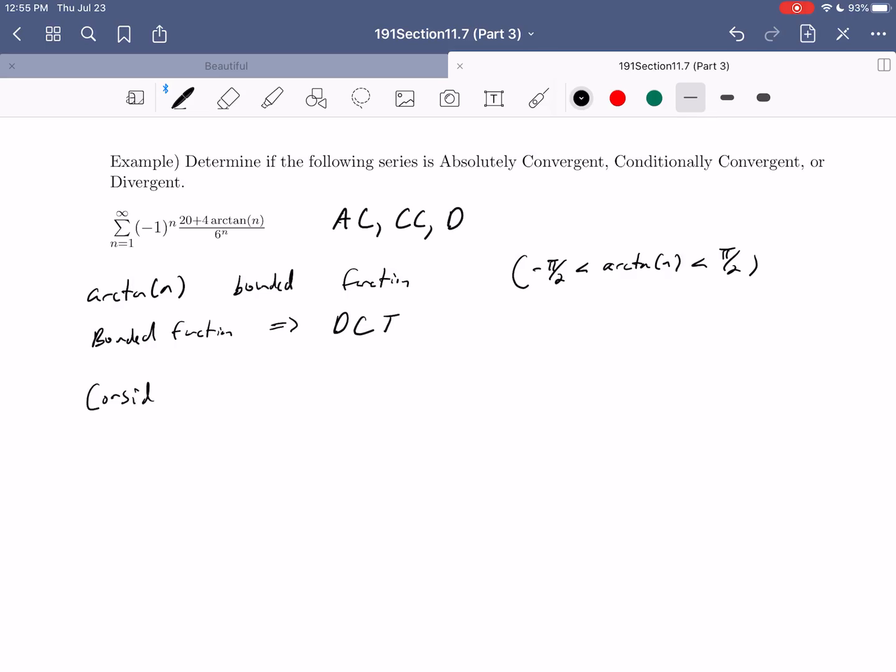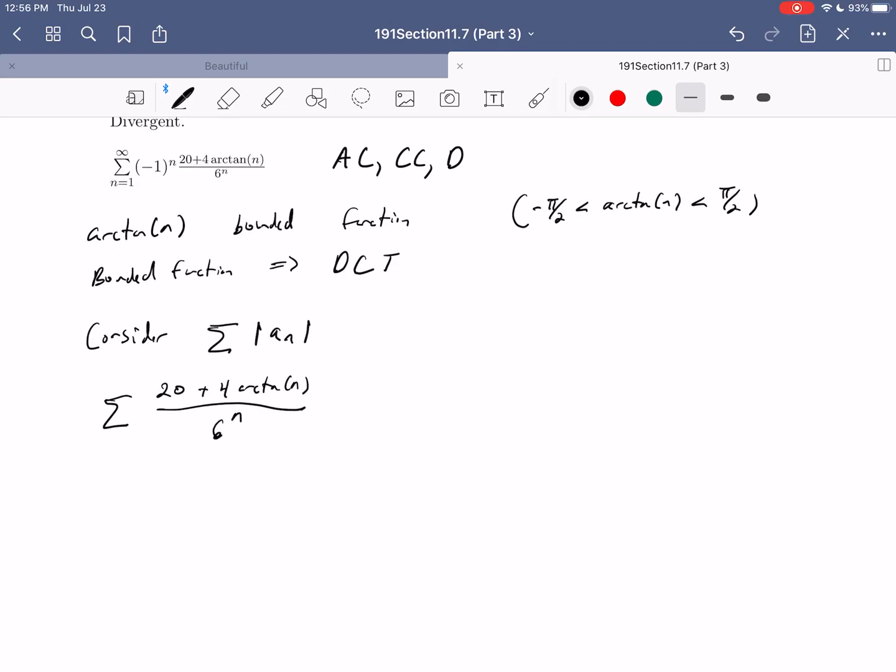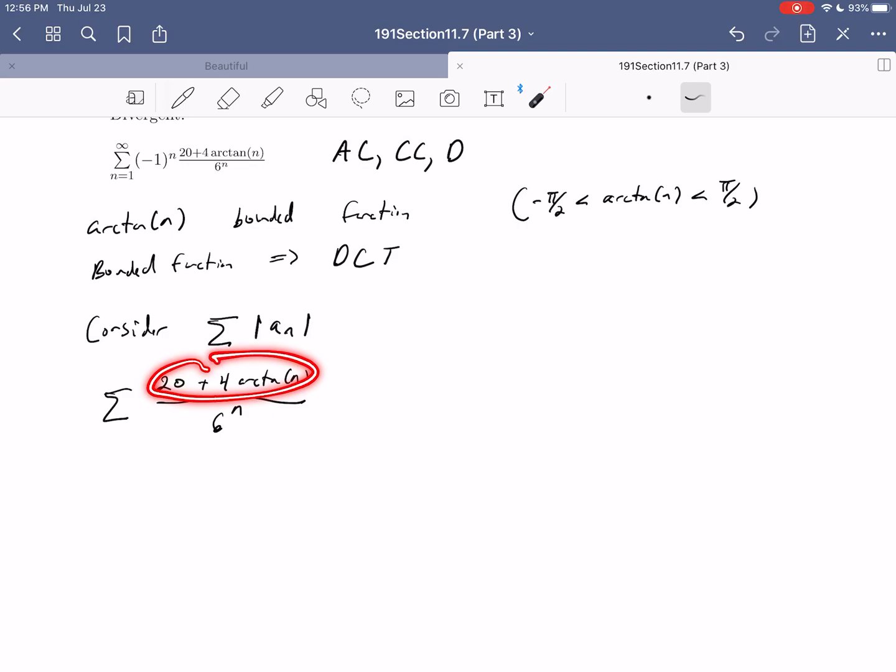So we're going to consider the absolute value of a sub n. That means we're looking at (20 plus 4 arctan n) over 6 to the n. The idea is that this numerator, since arctan is bounded, 20 plus 4 times arctan, should be similar to a number over 6 to the n.